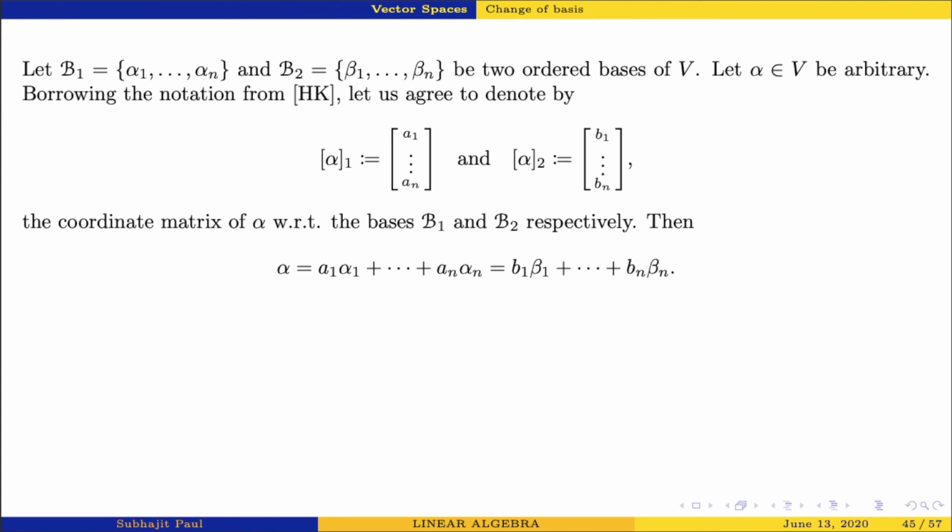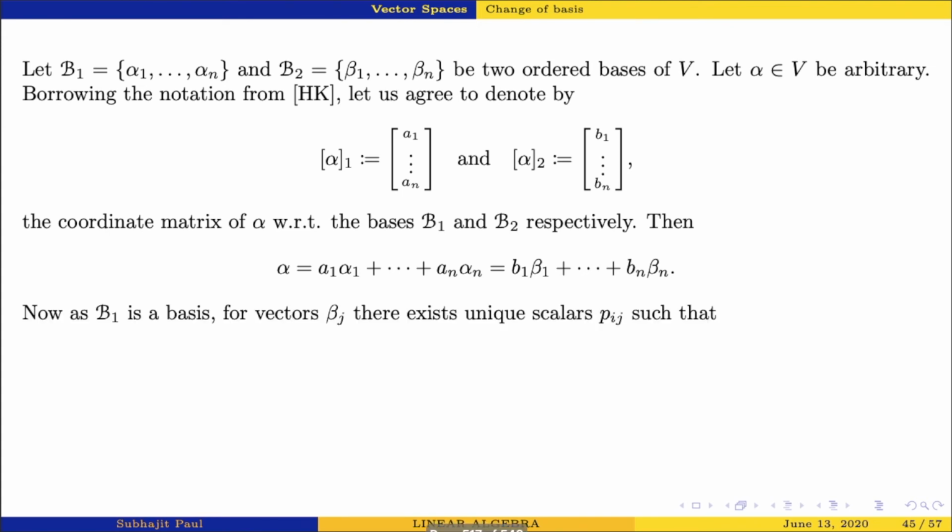Fine. So now, as B1 is a basis, for the vectors beta j there exist unique scalars Pij such that beta j equals P1j alpha 1 plus P2j alpha 2 plus up to Pnj alpha n, where j is running from 1 to n. Here also we are dedicating the j index for beta vectors and the i index for the alpha vectors.